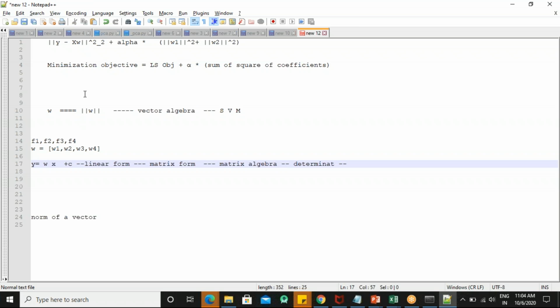You should be aware of these things. Vector and matrix algebra are almost similar, but with some differences. So be aware of how to calculate the determinant of a matrix, the transpose of a matrix, or even the inverse of a matrix. You have to study maths, guys.